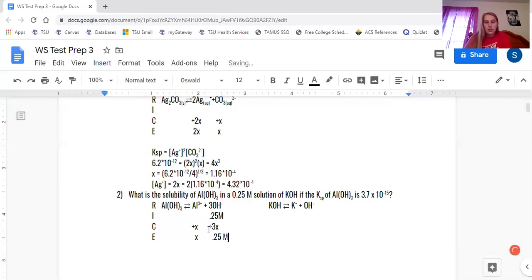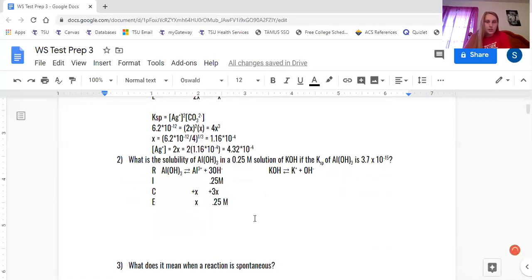So we're going to go ahead and we can use our KSP equation. So we have our KSP equation.